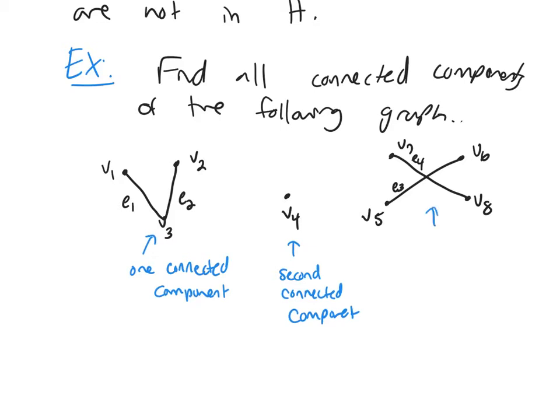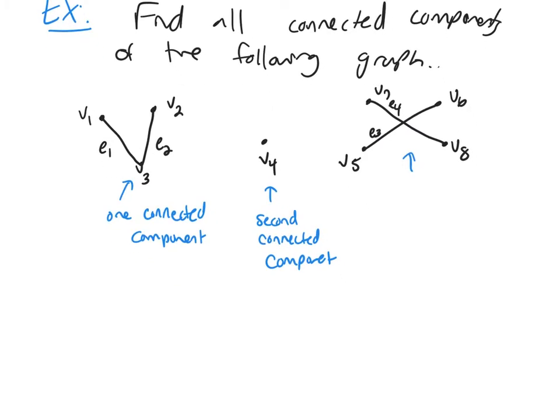And this final one, you're going to have to split it up into two pieces in order to get the connected components. So V5 to V6, this would be your third connected component.